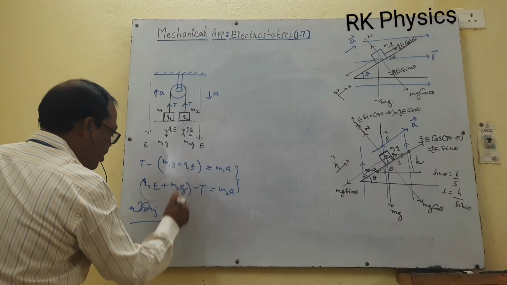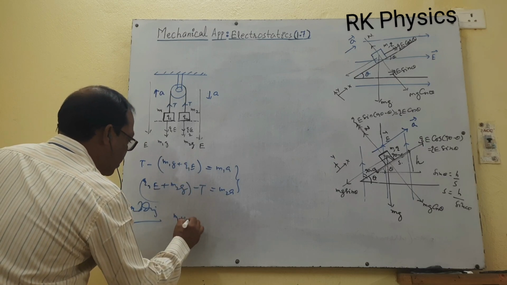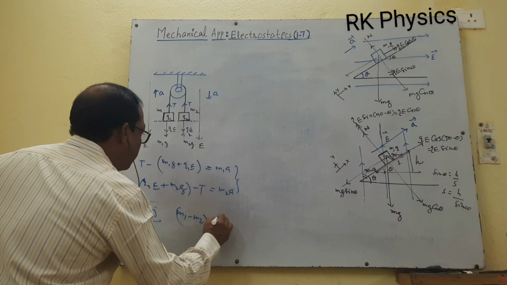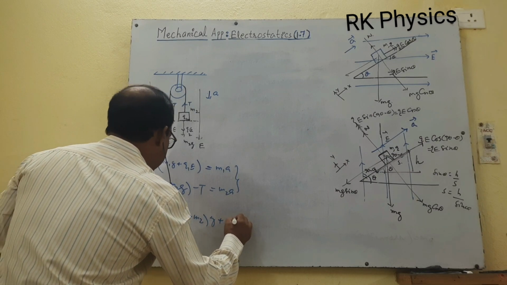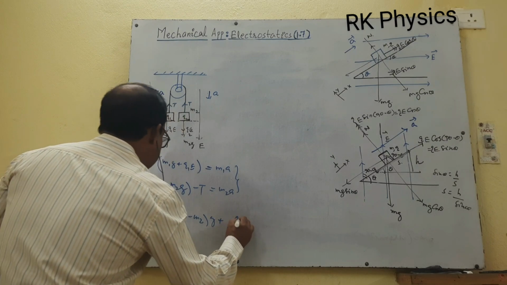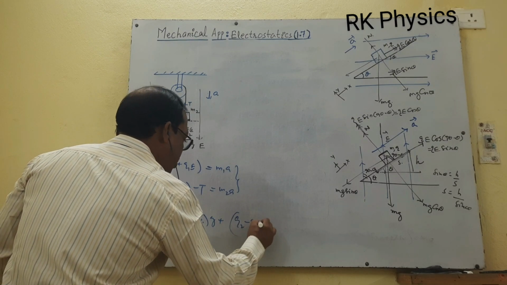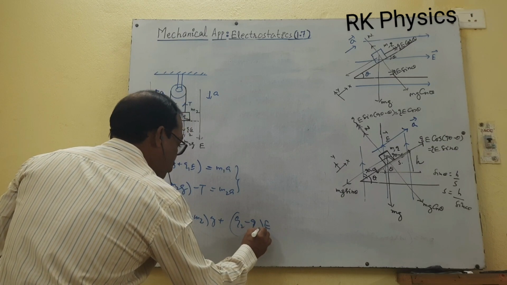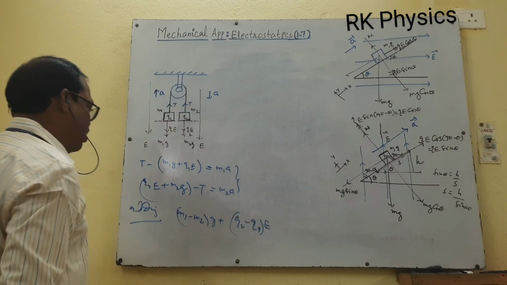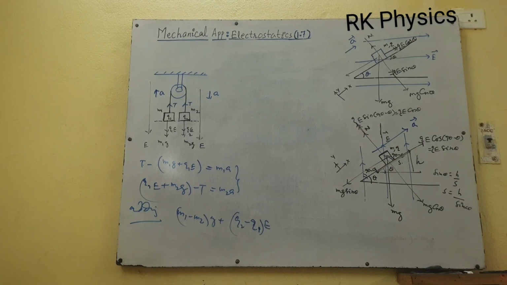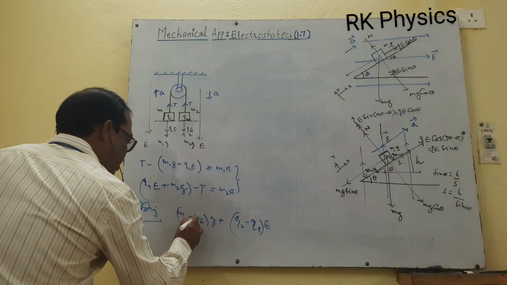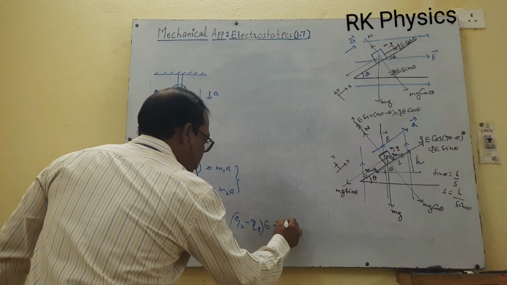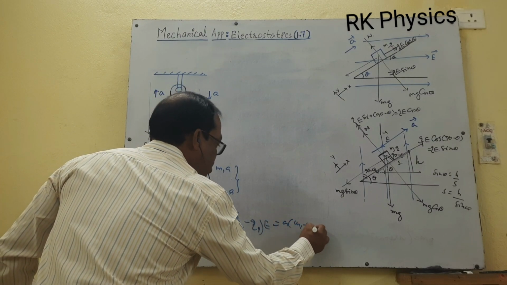So this equation is (m2 minus m1) into g, one term, then (q2 minus q1) into e, another term. This is equal to a into (m1 plus m2).